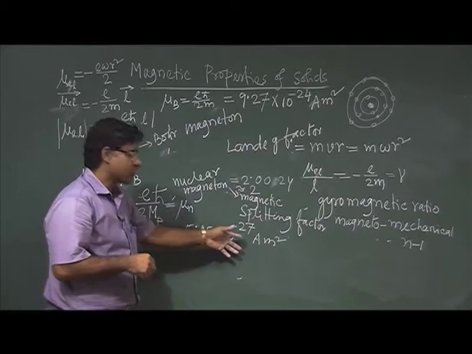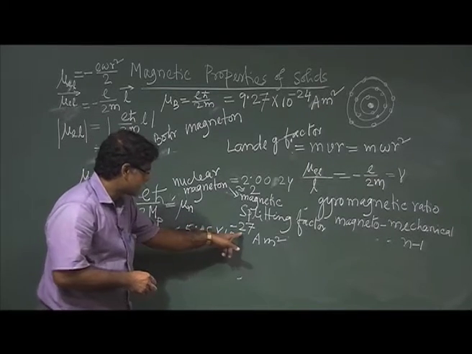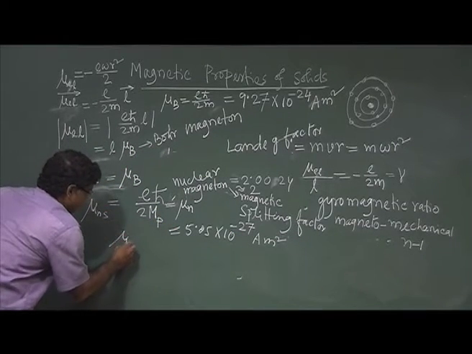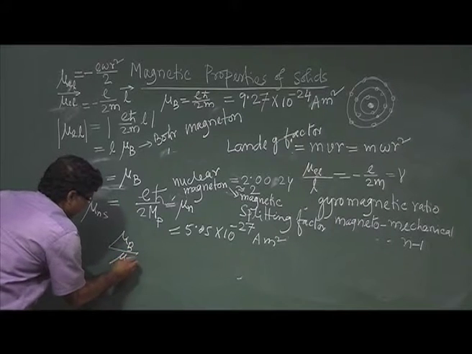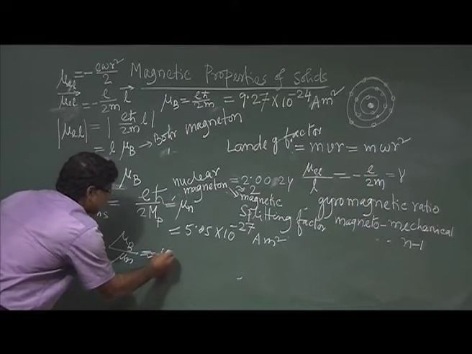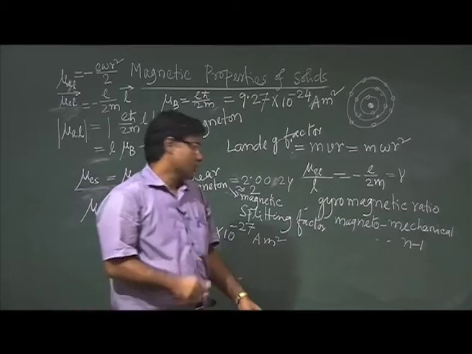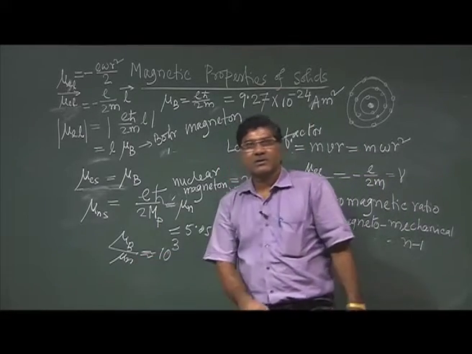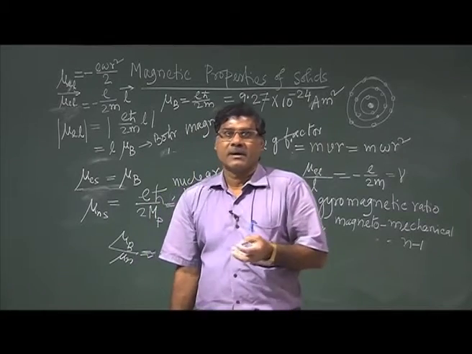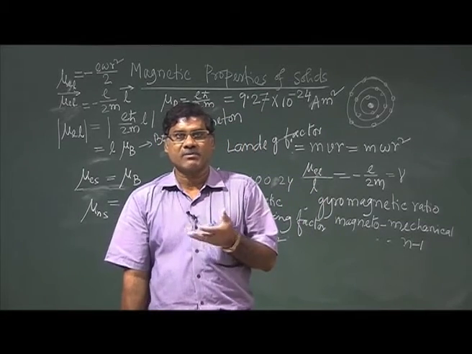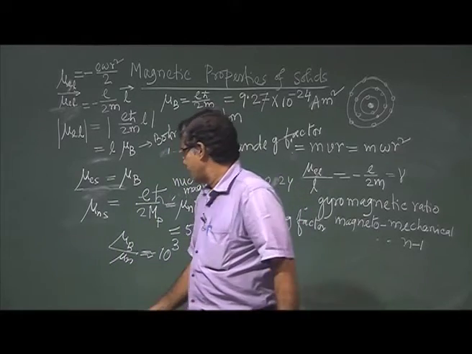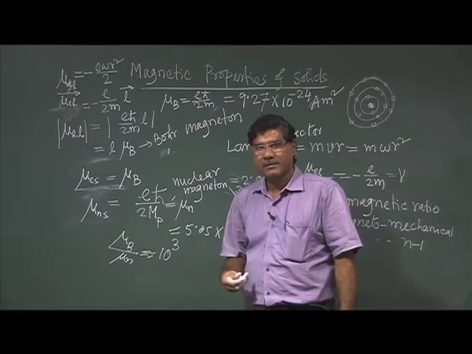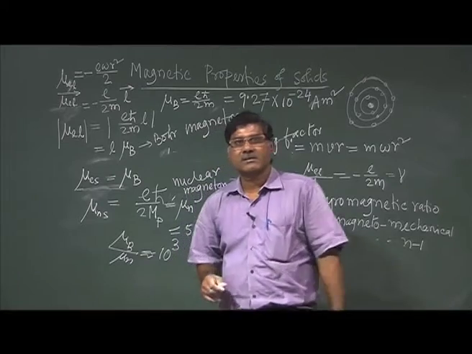So, it will contribute, but μ_B is about 1000 times higher than μ_N. So, the nuclear contribution to the magnetic moment is very small compared to the electron contribution. That is why generally we neglect this nuclear contribution.